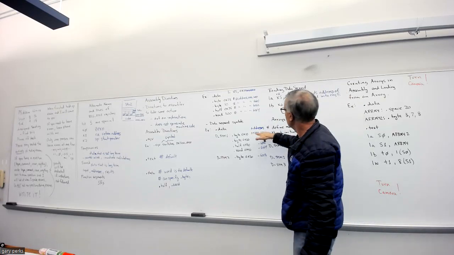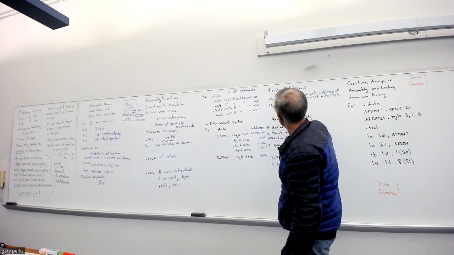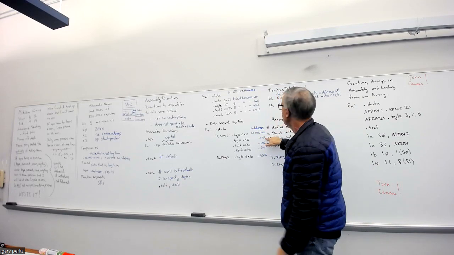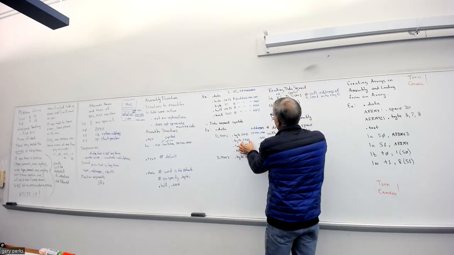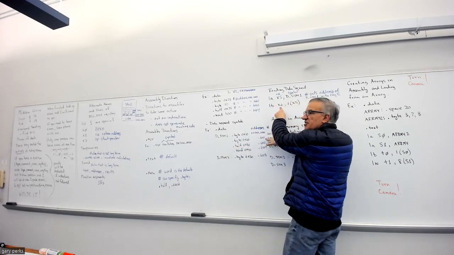So we loaded 6,000 into register 5. Now we're gonna add 1 to it, so now we're at address 6001. And now this data, this byte right here, will be loaded into register 6.